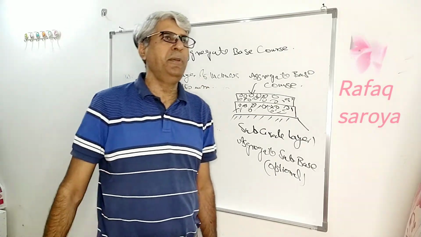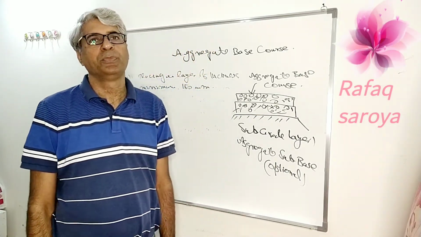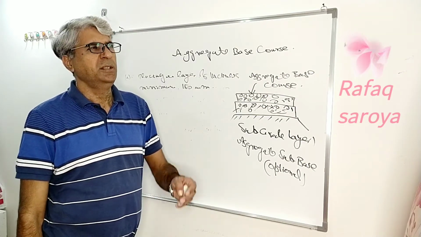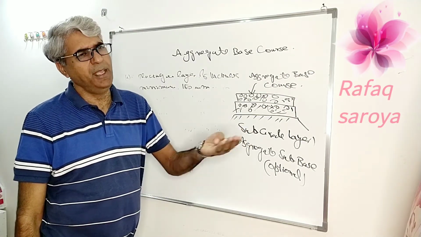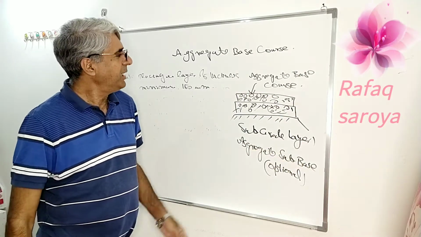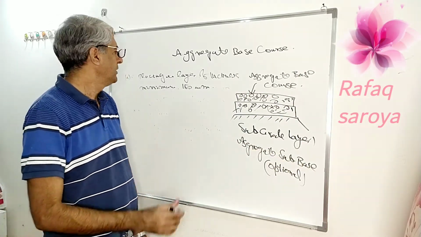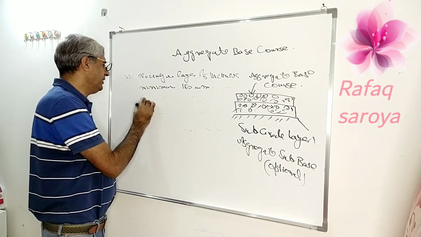It is not mandatory that all the time you will say that our thickness is 150 mm. Maybe in rural areas, or maybe in the cycle track, or maybe at some place, its thickness can be 100 mm. So let me write this in brackets.